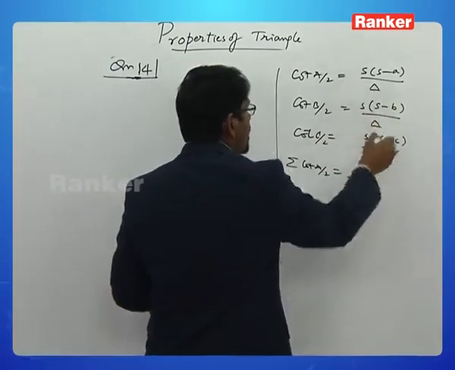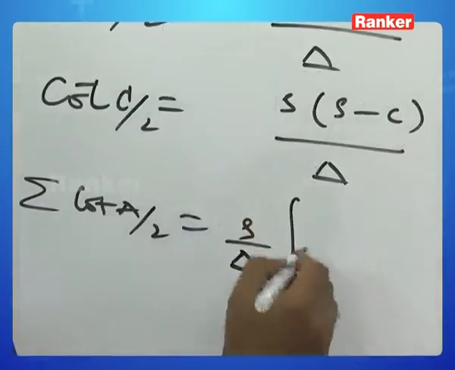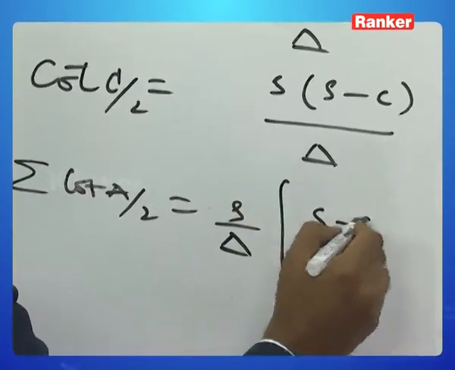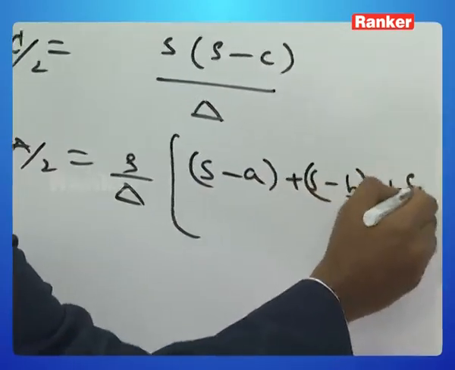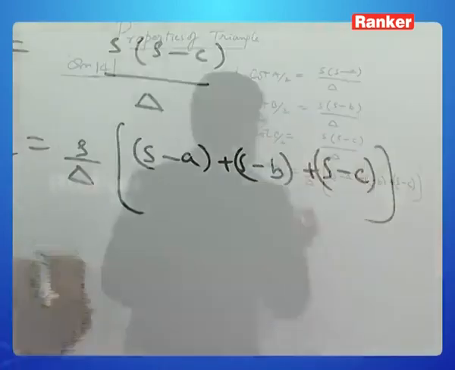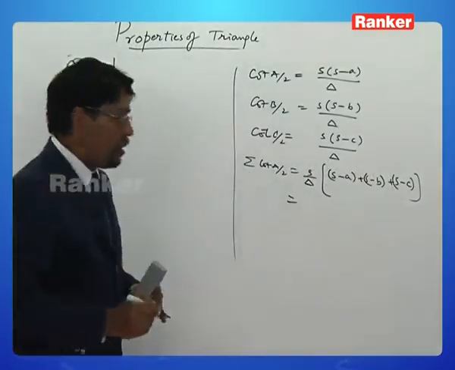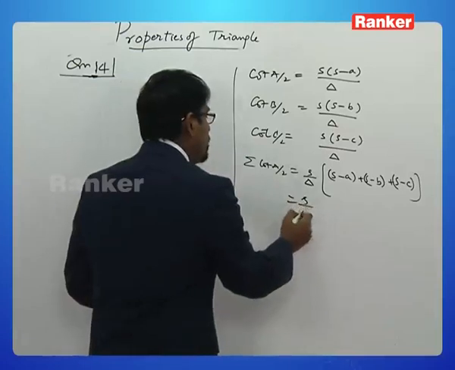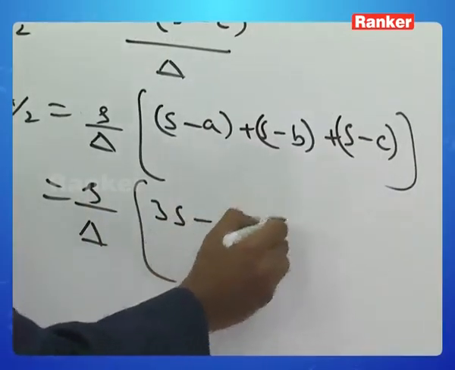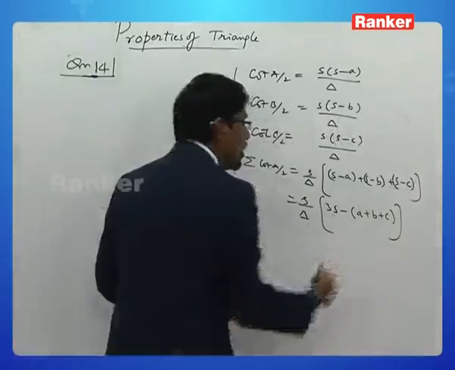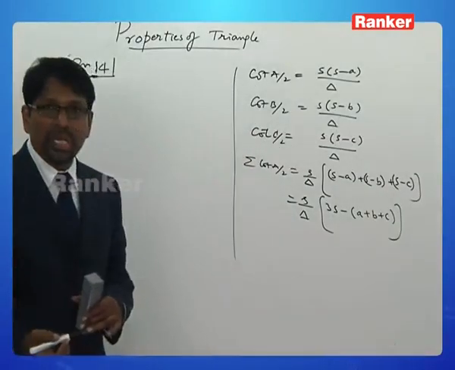We find s by delta common in everything. S by delta into (s minus a) plus (s minus b) plus (s minus c). So that gives me s by delta into (3s minus (a plus b plus c)). But what is a plus b plus c?